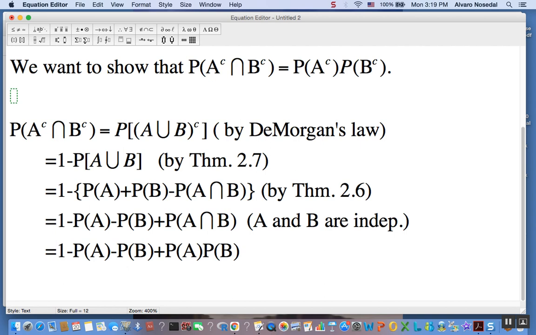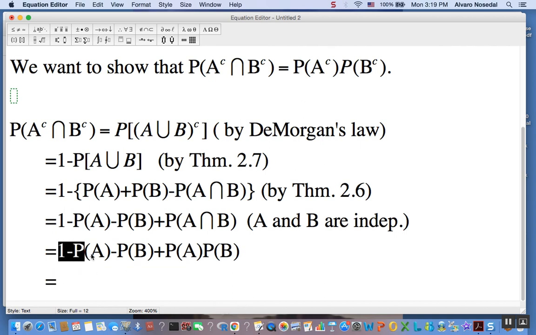Now we're going to try and rearrange these terms so we are able to more clearly see that we're almost there, that we almost have what we want.